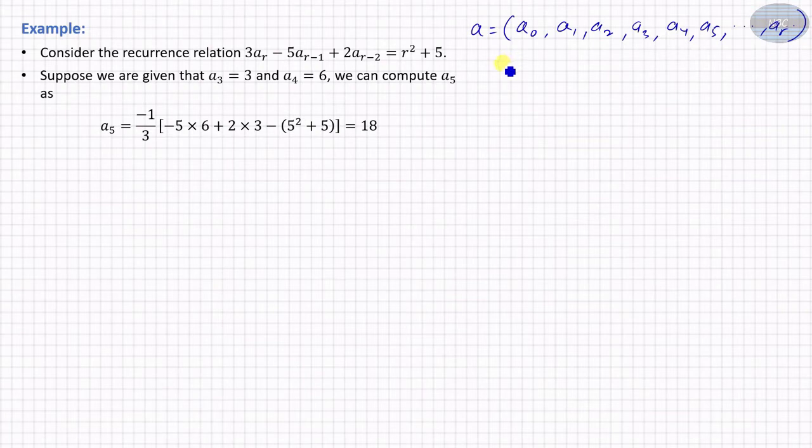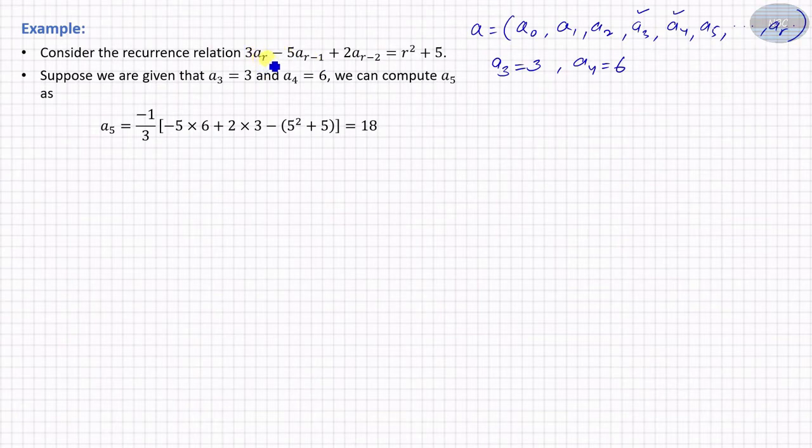Here a3 is given, as well as a4, a4 is equal to 6. Now we can compute a5 because the previous two values of ai are given. So how can this a5 be calculated? Come to this equation.